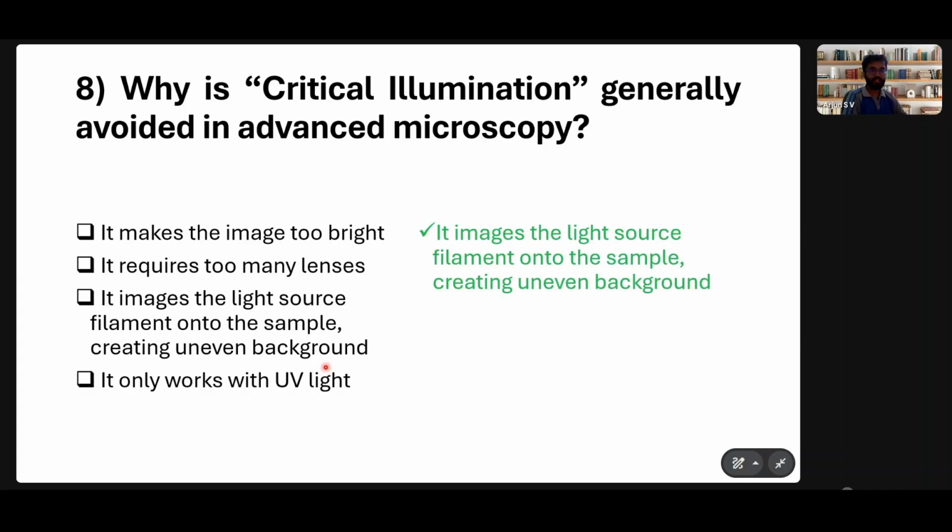So the correct option here is option C, critical illumination images the light source filament onto the sample, which creates an uneven background. So that is generally avoided in advanced microscopic techniques.